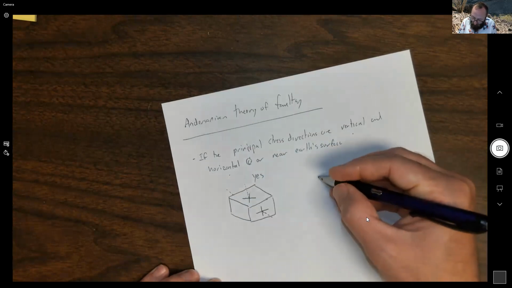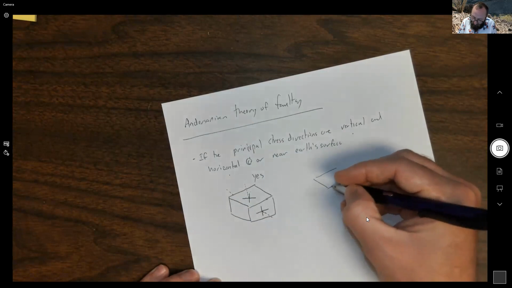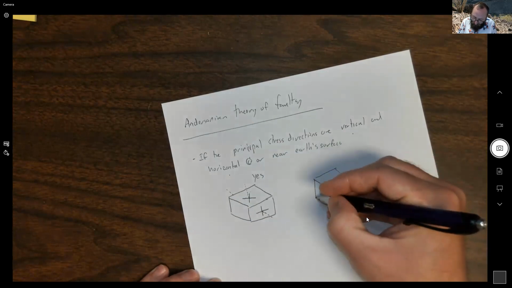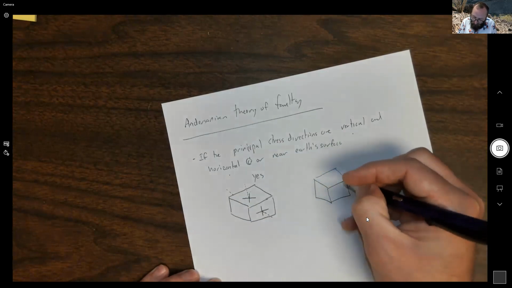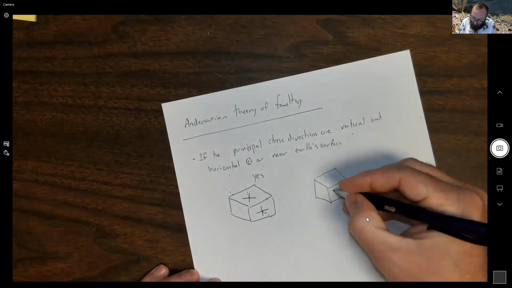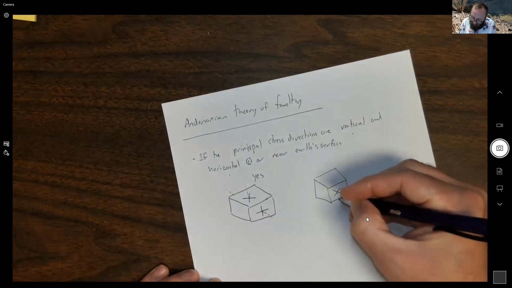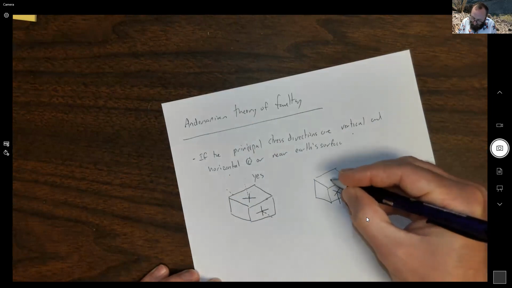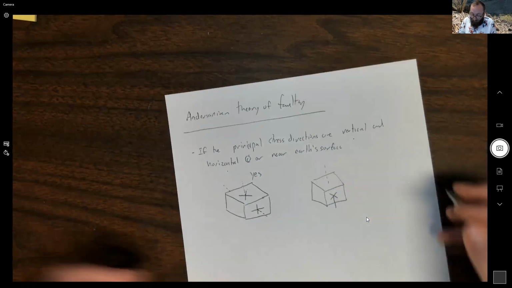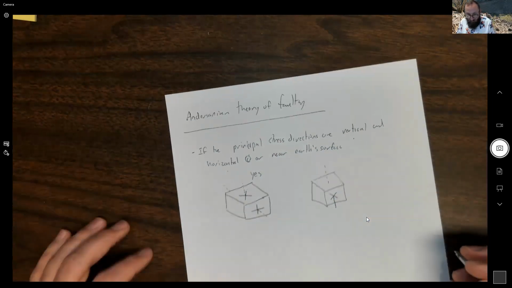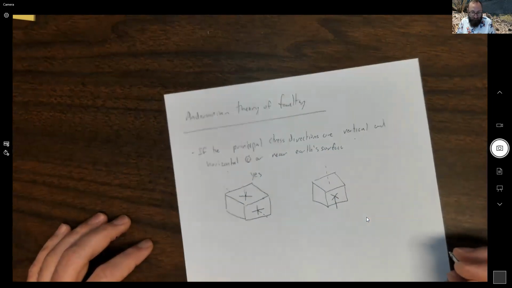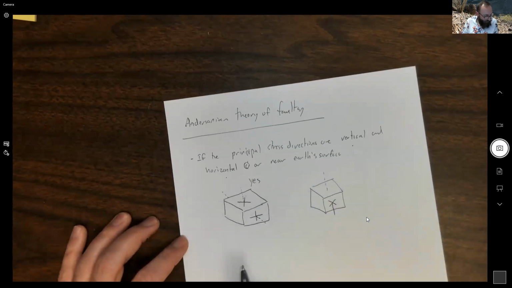What it's trying to make the point of is that we don't have wacky orientations of our principal stress axes poking out at oblique angles to the horizontal and to the surface.